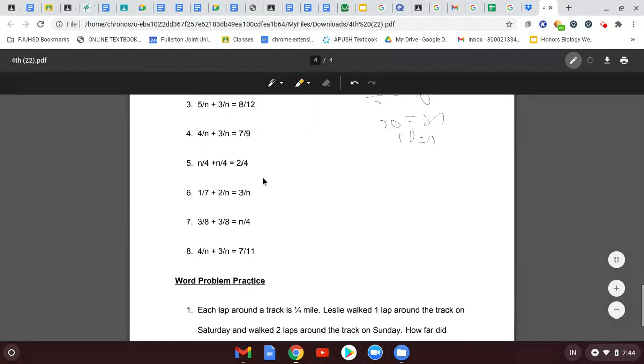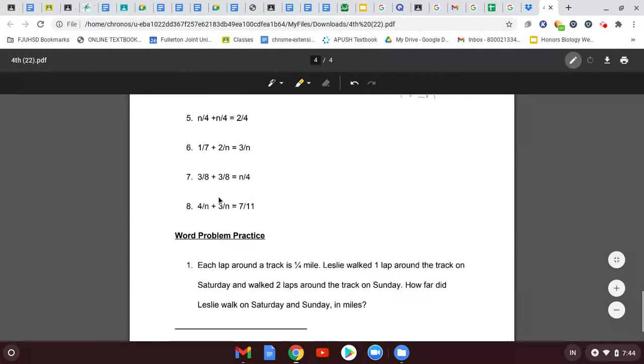So let's try doing, this one looks difficult. Okay, so 4 divided by n plus 3 divided by n equals 7 divided by 11.